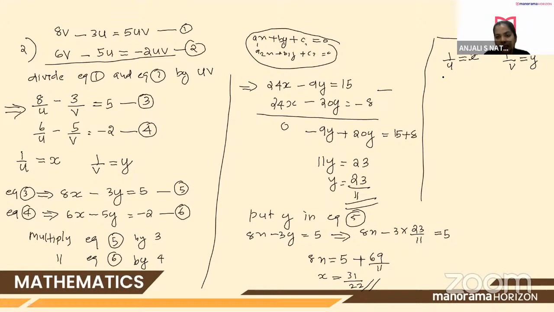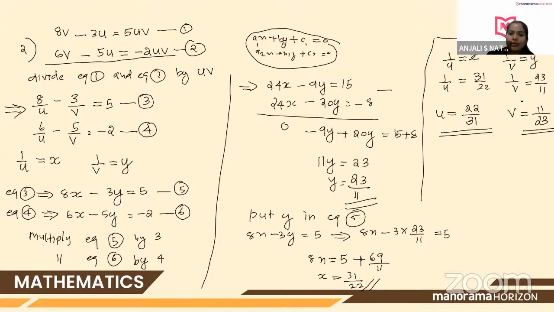So 1 by u is equal to 31 by 22, and 1 by v is equal to 23 by 11. So u is equal to 22 by 31 and v is equal to 11 by 23.